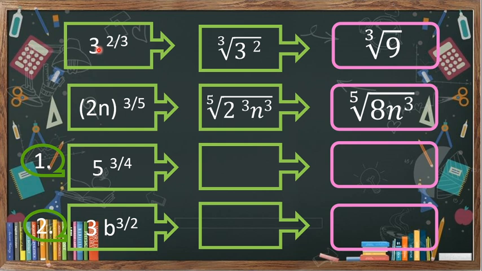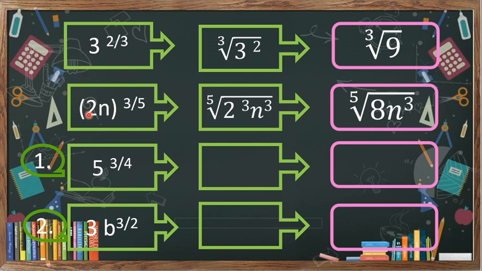Then copy the 3 here as the base. Then 2, our numerator, is the exponent of our radicand. Then after that, expand. Because this is 3 squared, 3 times 3, that is 9. And our final answer here is the cube root of 9.